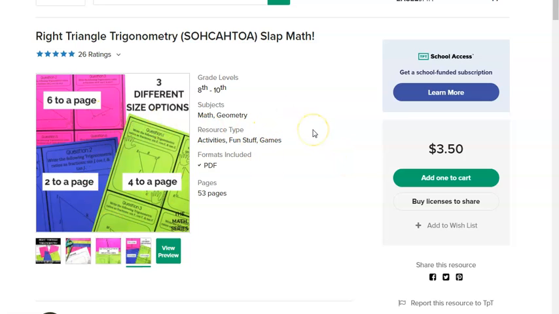It's slap math. Basically, you'd get some flashcards that have sine equals opposite over hypotenuse, and you'd play like a slapjack game. There are multiple varieties. It's just something to get the kids to think about that, starting to ingrain that mnemonic device into their heads. So you'd have them play that for a while.